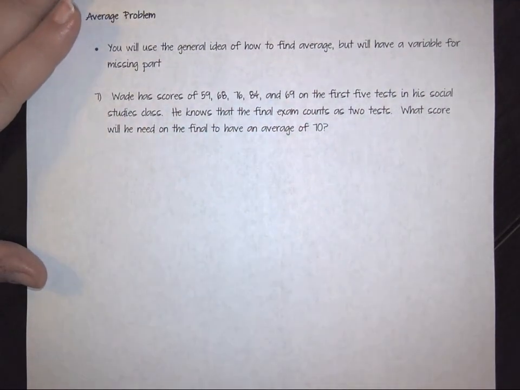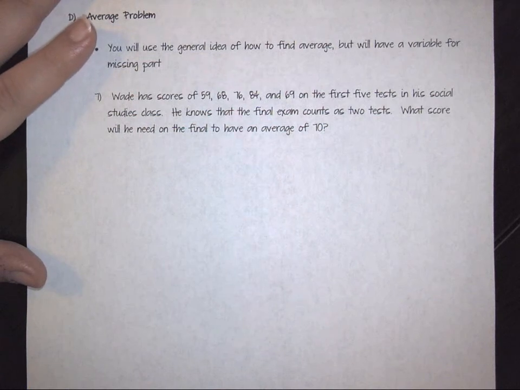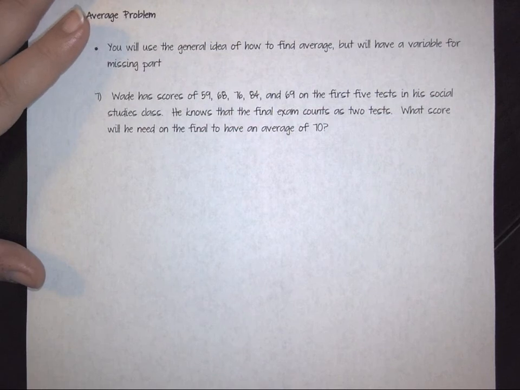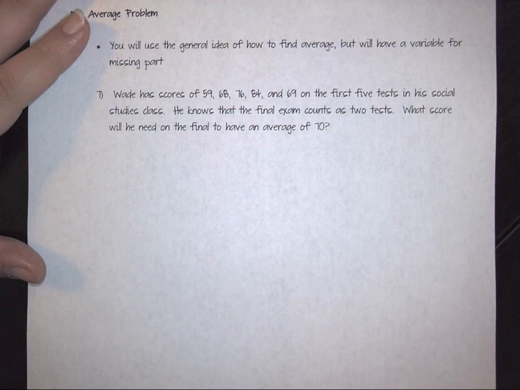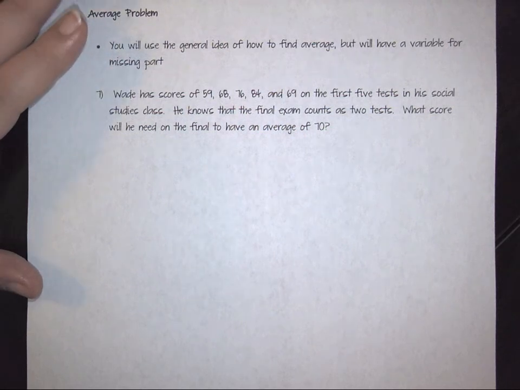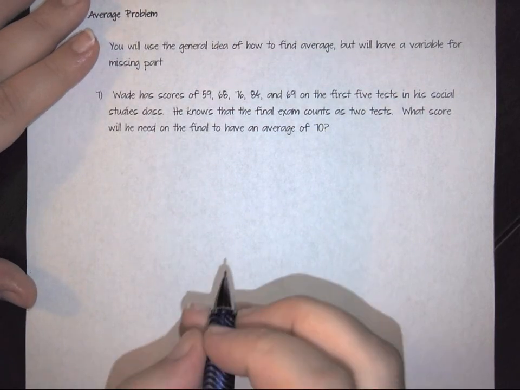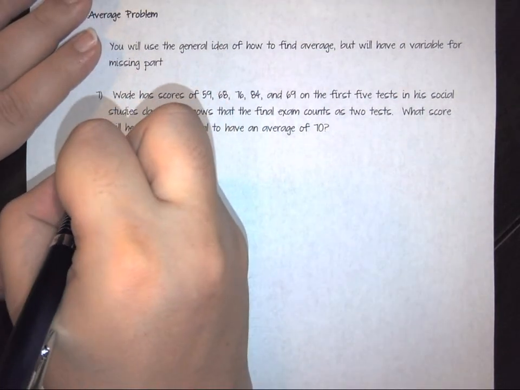So here we have that Wade has scores of 59, 68, 76, 84, and 69 on the first 5 tests in his social studies class. He knows that the final exam counts as 2 tests. So what score will he need on the final exam to have an average of 70? So we have to add everything up.